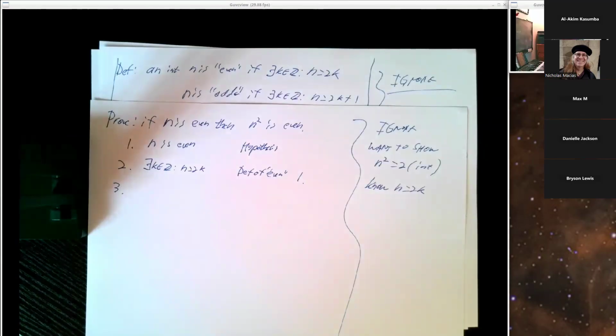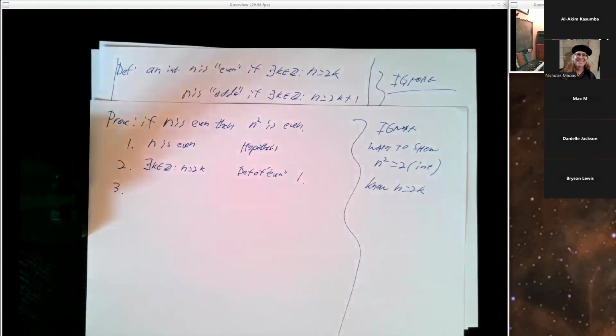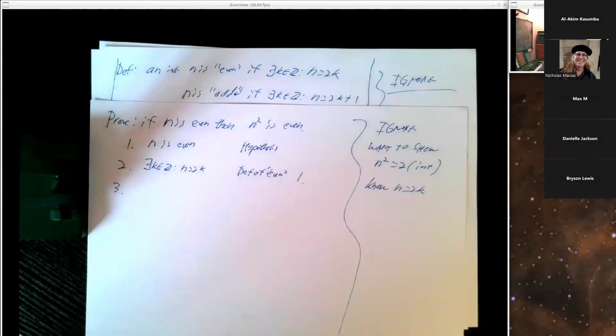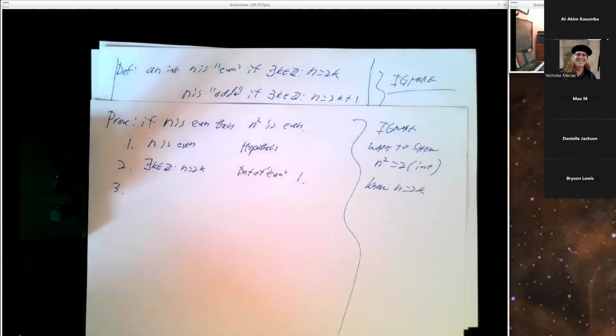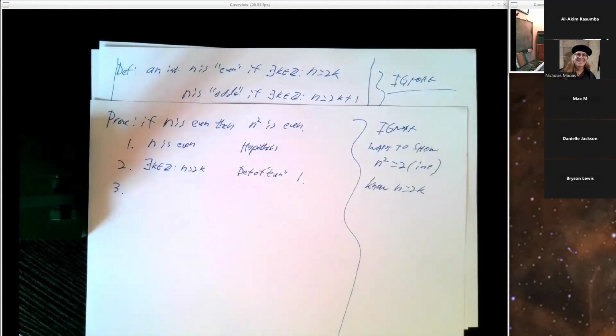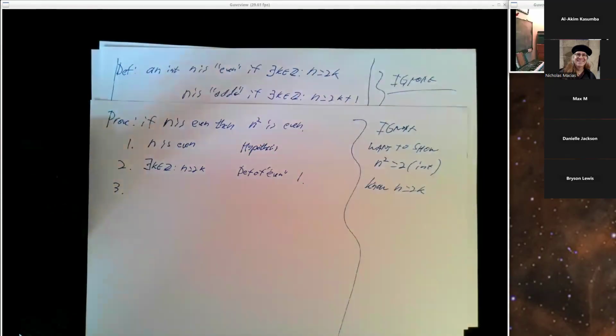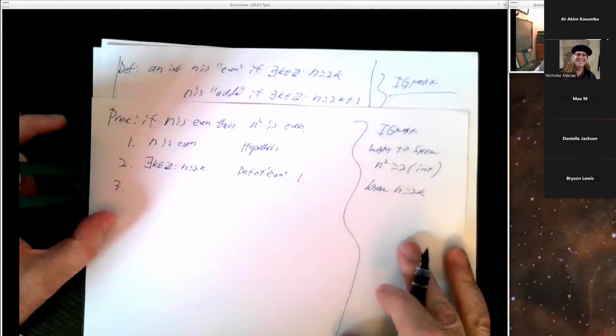So how am I going to be able to show that n squared is also twice an integer? Nice. So let's just do substitution.